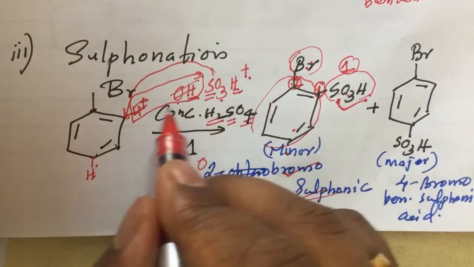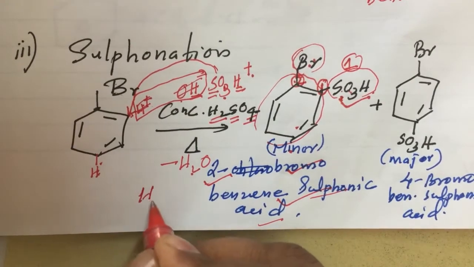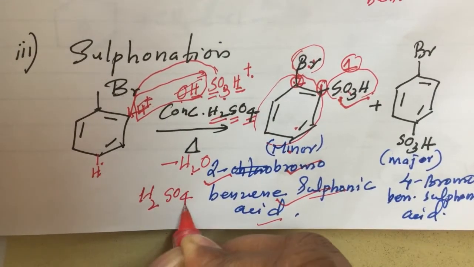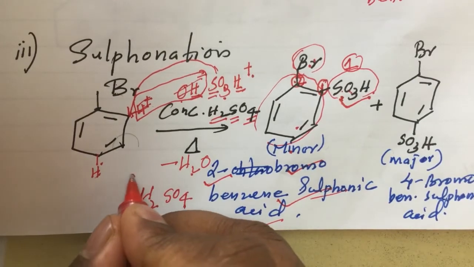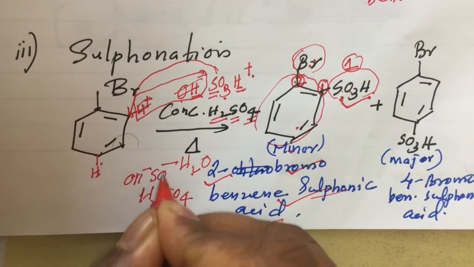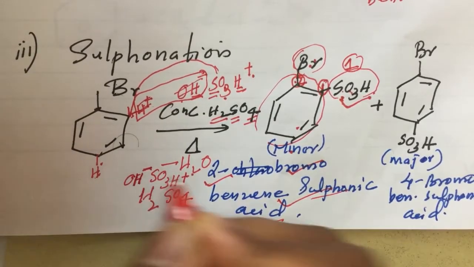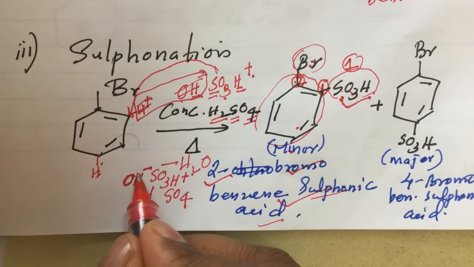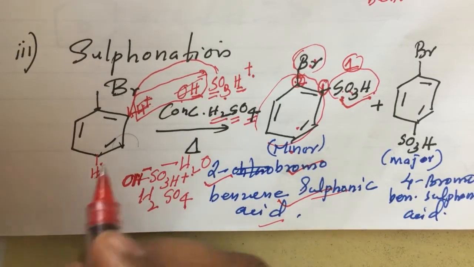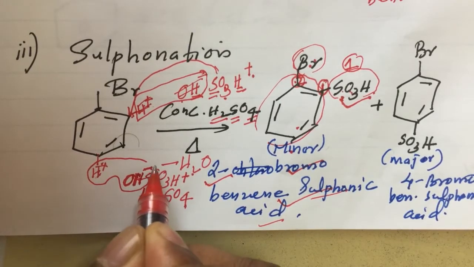Just like this, one more H2SO4 replaces hydrogen from para position. H2SO4, again we can write OH minus, SO3H plus. This is only a shortcut to remember the product. The actual mechanism of sulfonation is not required now. Then H plus and OH minus.